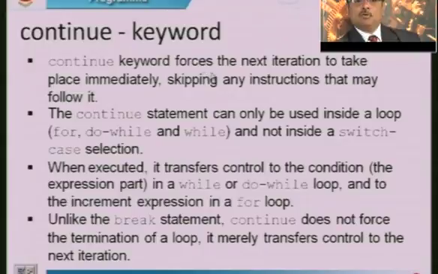The continue keyword forces the next iteration to take place immediately, skipping any instruction that may follow it. After the continue statement, any instructions will not be executed; the control goes back to the condition of the repetition statements such as for, do while and while, and checks the condition. If it is true, control goes inside.